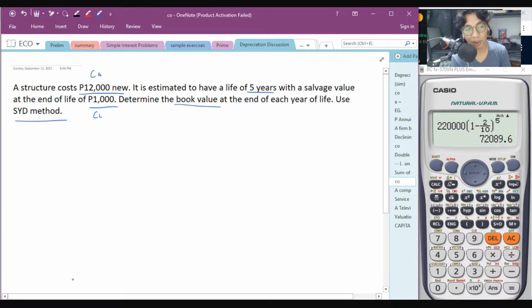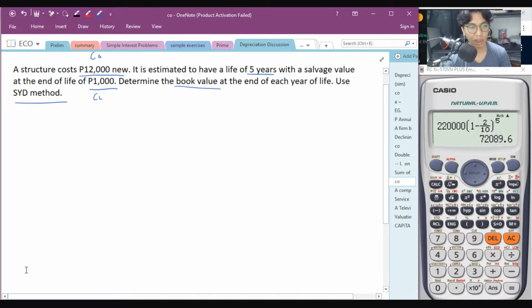So, let us solve. Ilang years meron dyan? Meron kang 5 years. Hahanapin natin muna si D1, D2, D3, D4, and D5.